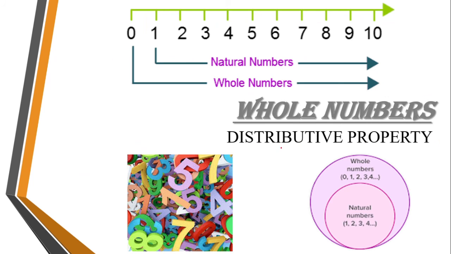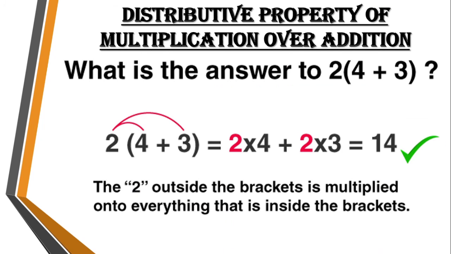Now let's learn distributive property. So in distributive property, it's nothing like it holds true or does not hold true. It just makes our operations easier. Like, what does distributive property do? Let's see. Now, what is the answer to 2 into 4 plus 3? Now you can see this operation, right?